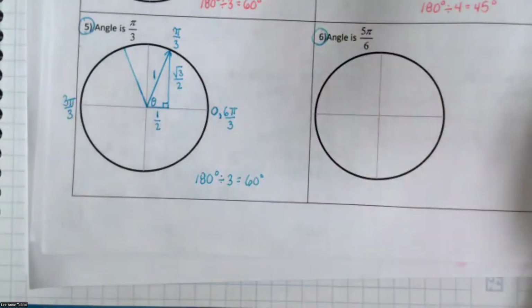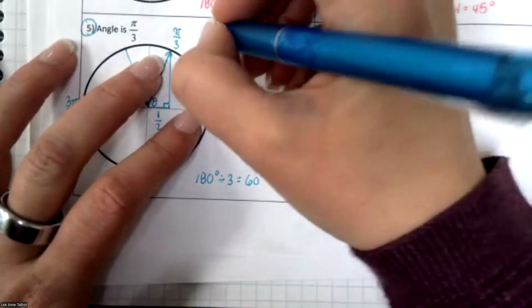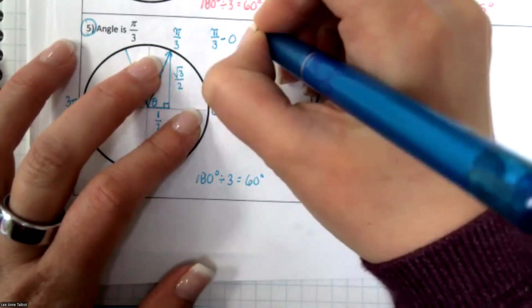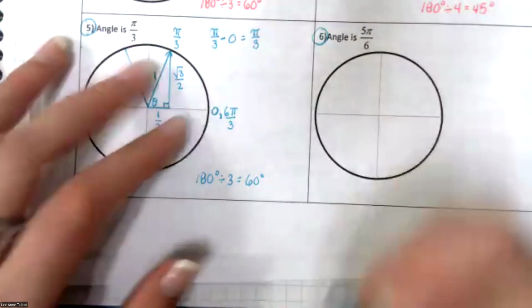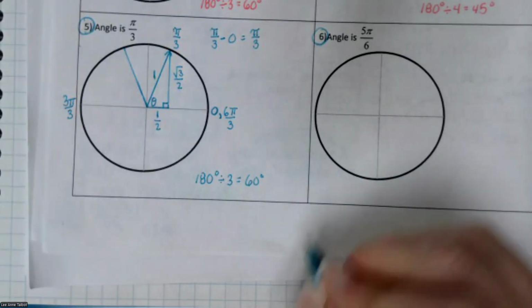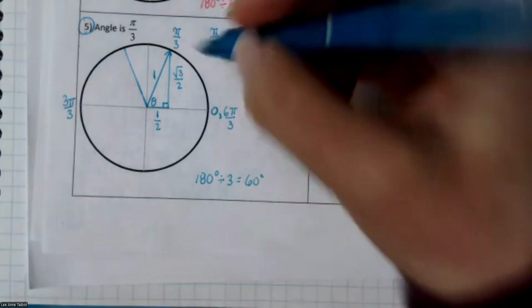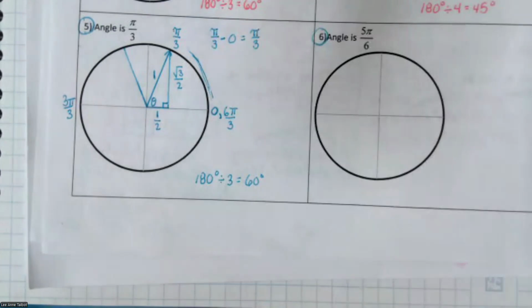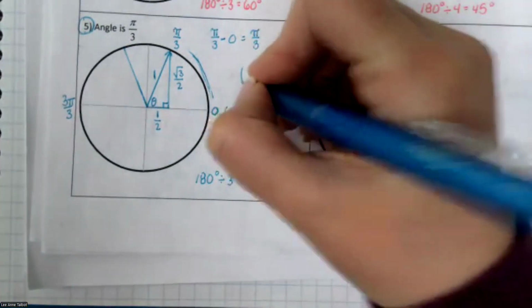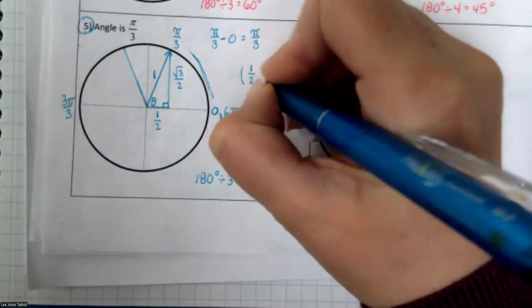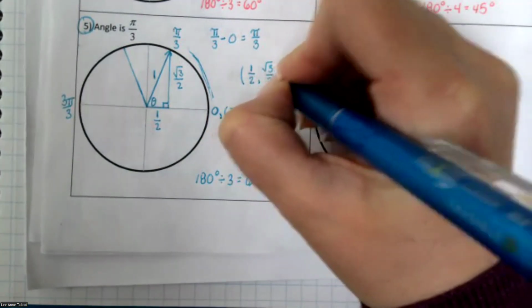Oh, I actually didn't do the reference angle. So reference angle is pi over 3 minus 0, is pi over 3. Did I have to do the minus 0, Mrs. Talbot? Do you see where the understanding comes from, though? I want you to see what you're doing here. Okay, last thing, coordinate: over, up.